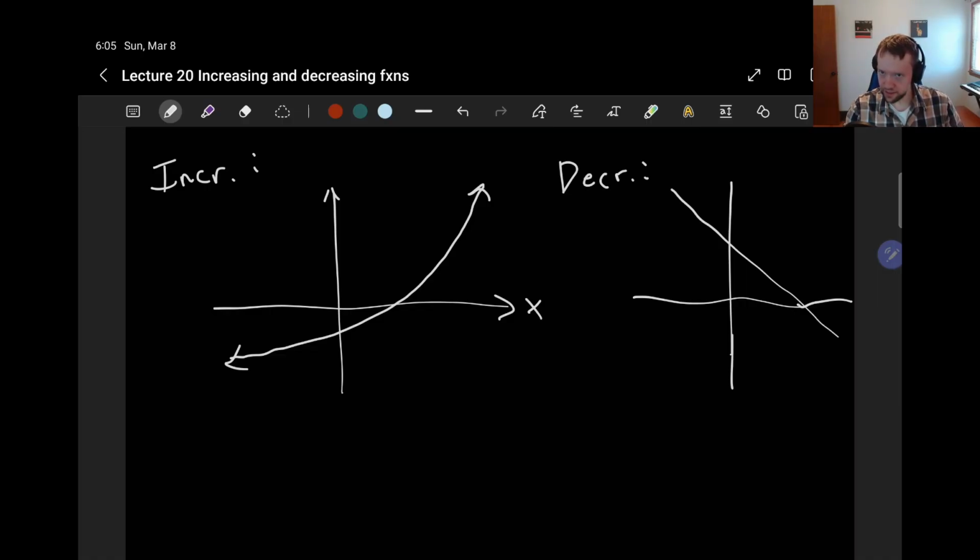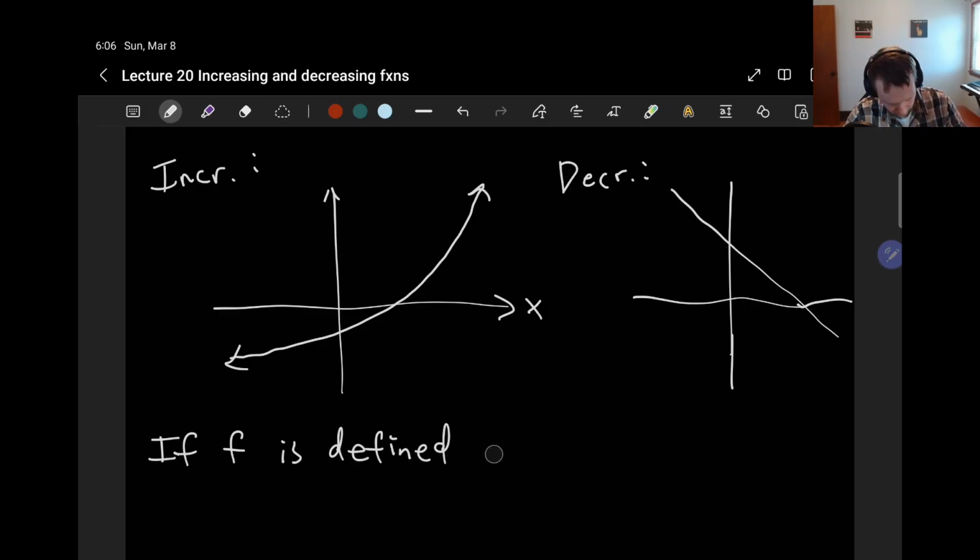Now, of course, these functions might have a mix of both. So we actually talk about increasing and decreasing on an interval, and in particular, an open interval. It's just easier to stick with that. So let's say if f, our function, is defined and we'll stick with open intervals.